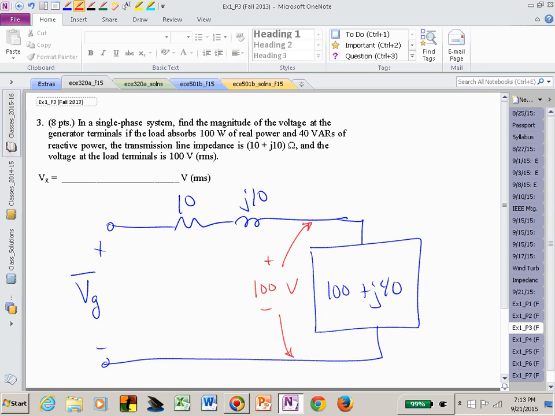Then I can use that I star with 10 plus J10, add that to my 100 at 0 degrees, and that will give me my V sub G complex number, and I'll just have to find the magnitude of that complex number. But your KVLs now will involve complex math.